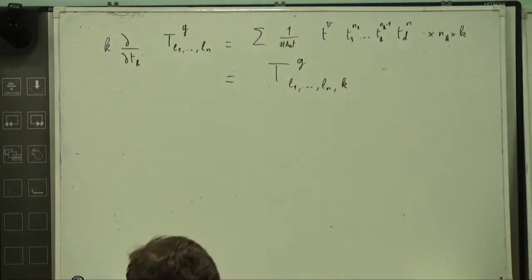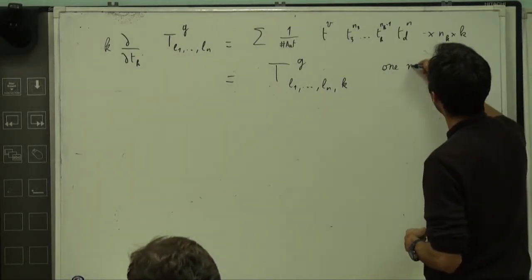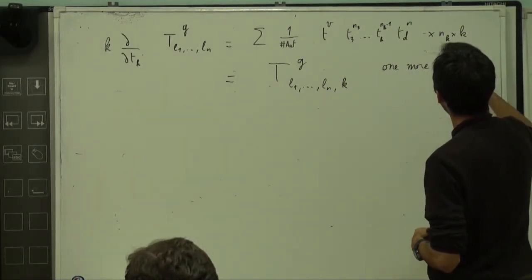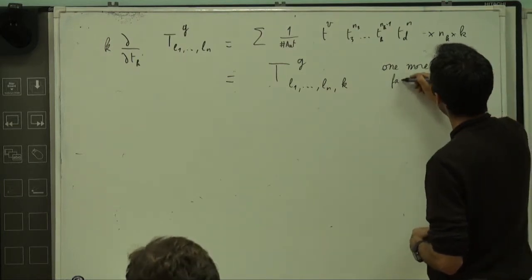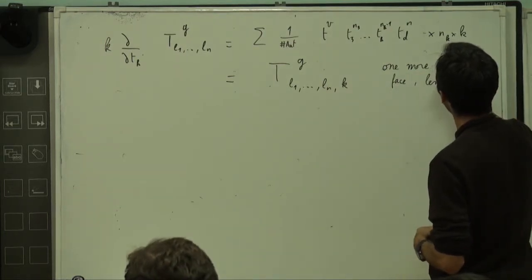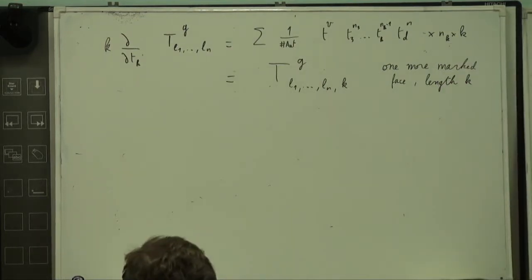So we have one more marked face of length k. So taking a derivative with respect to t_k marks a face.